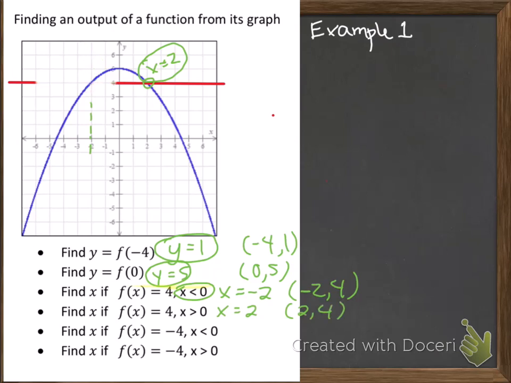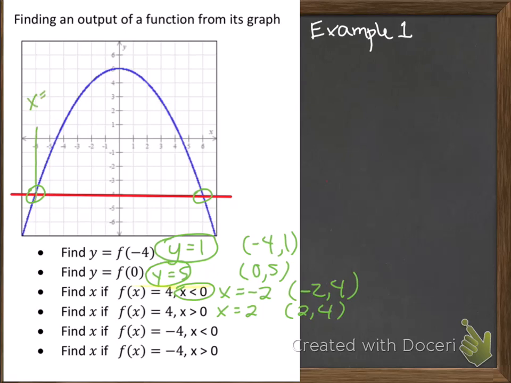Okay, the last two bullet points ask us the same sort of question, but this time they say, what if y is -4? So y equals -4 is this line down here. And again, you can see the line y equals -4 crosses the function at two different places: at x equals -6, and also at x equals +6.